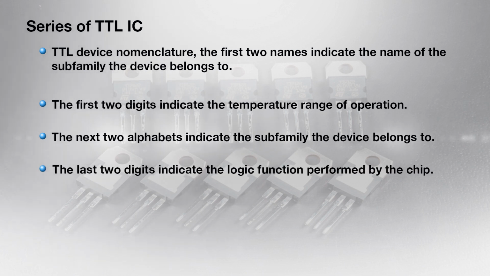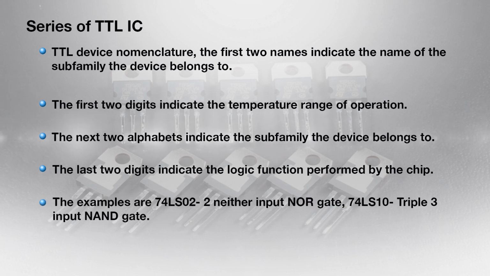The last two digits indicate the logic function performed by the chip. The examples are 74LS02, quad 2-input NOR gates, and 74LS10, triple 3-input NAND gates.